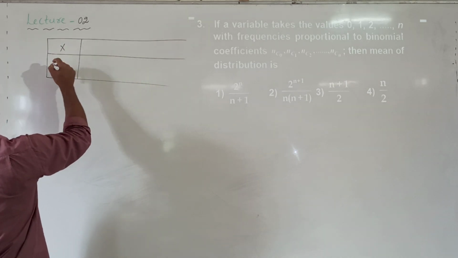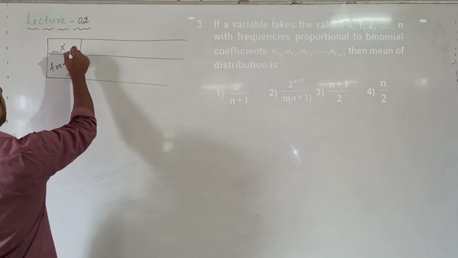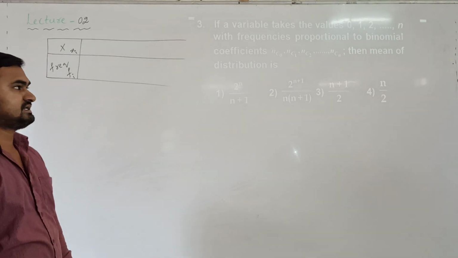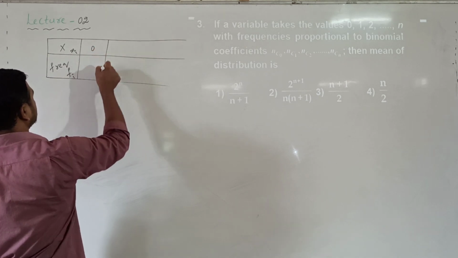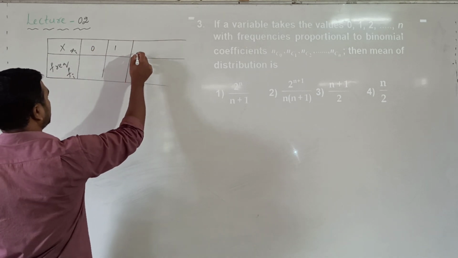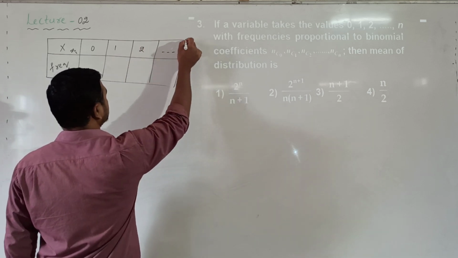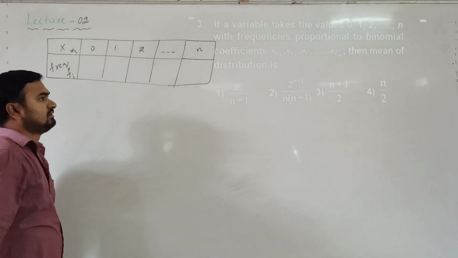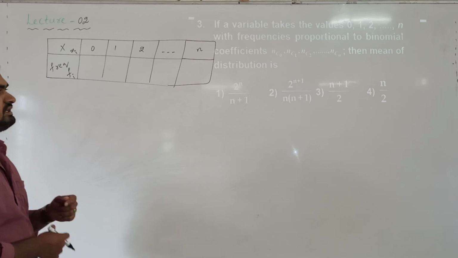So x means the observation, and the frequencies fi are given. The variable xi is given. So what are the xi values here? 0, 1, up to n. And it is given that the frequencies are proportional to binomial coefficients.